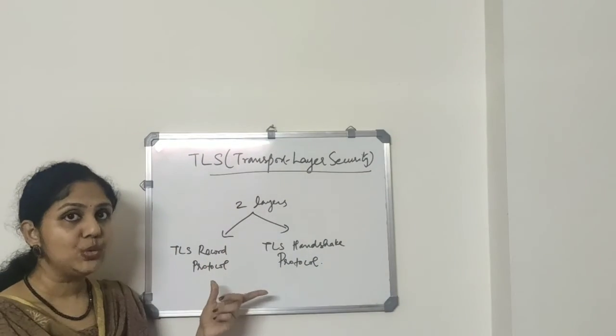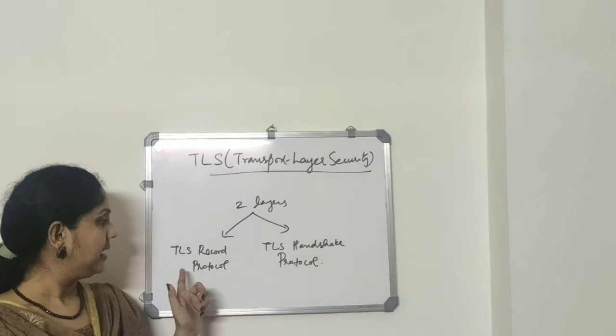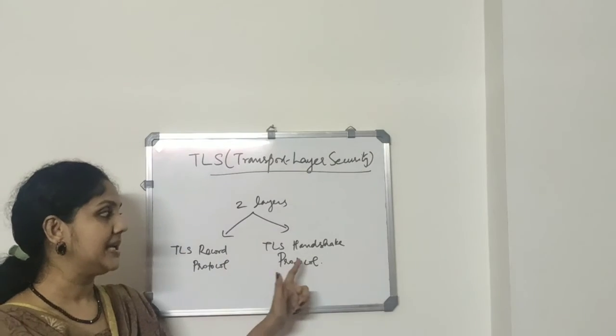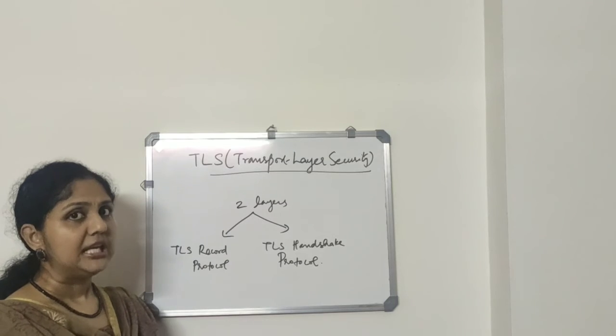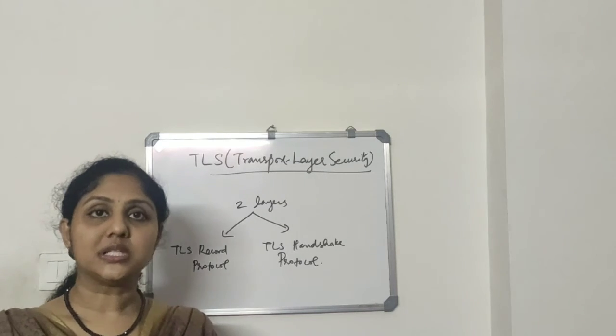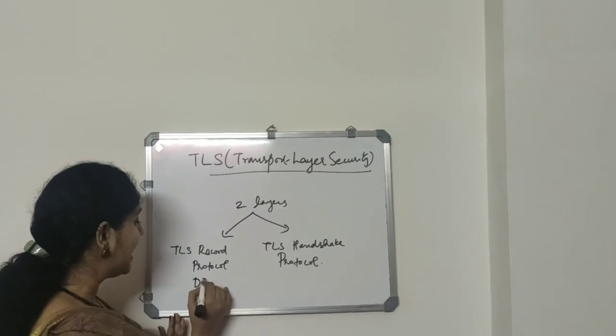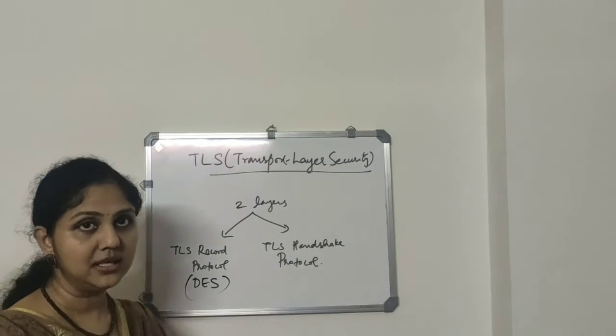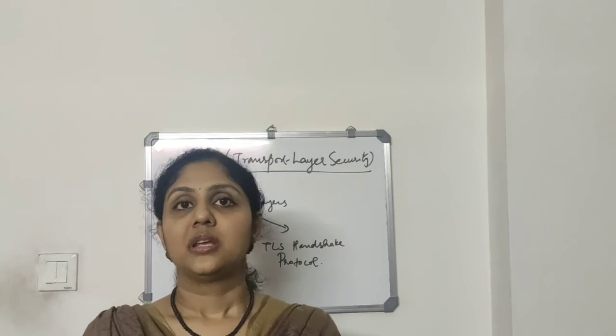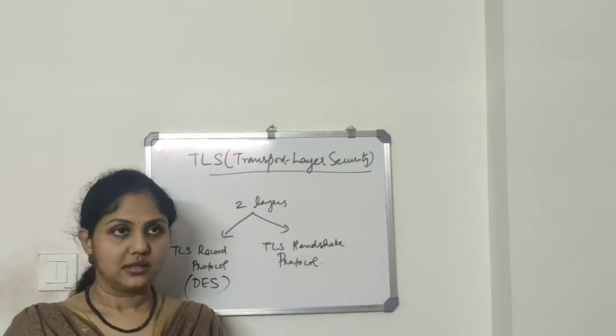TLS has two layers just like SSL: the TLS record protocol and the TLS handshake protocol. The TLS record protocol is responsible for the encryption of data and it uses the DES algorithm, Data Encryption Standard, to ensure security over connections.